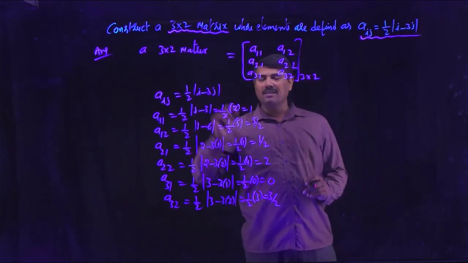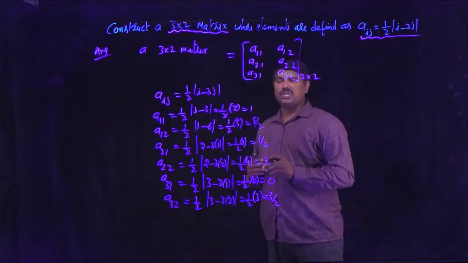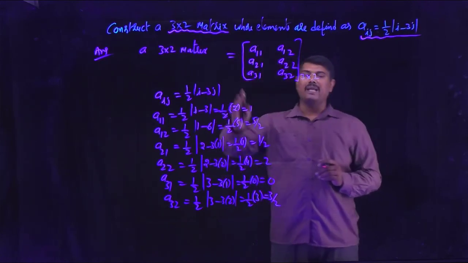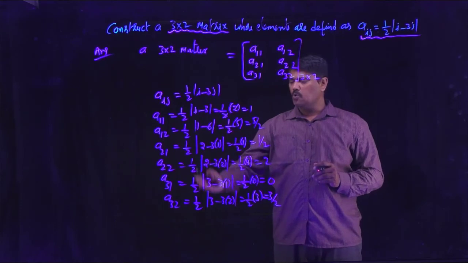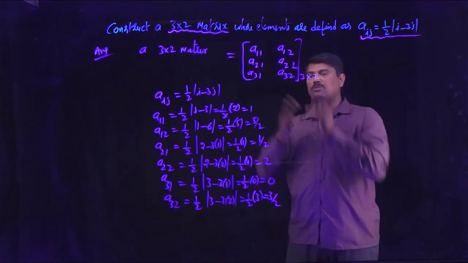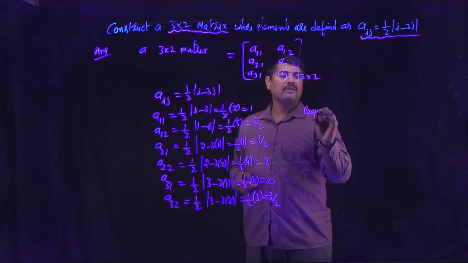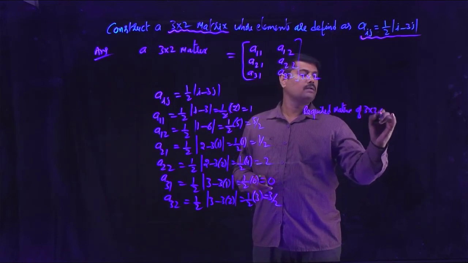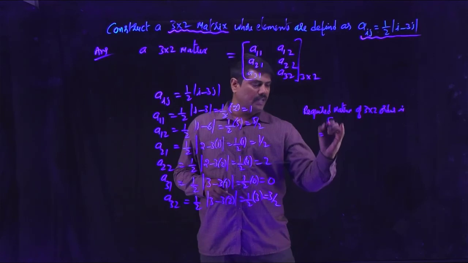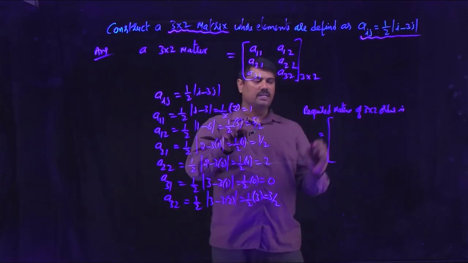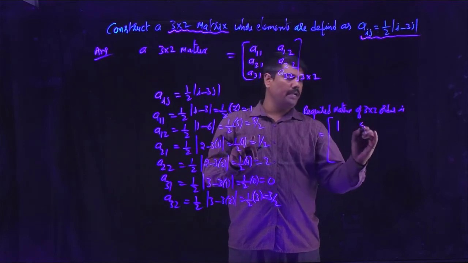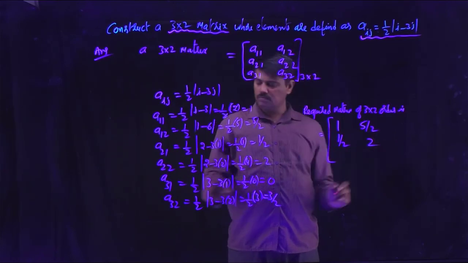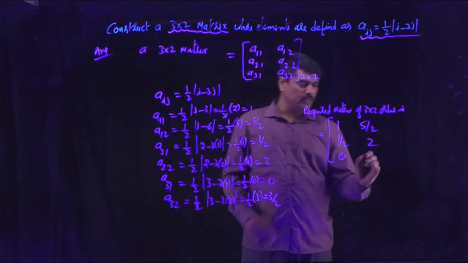Later, by the given definition of the position of the element, Aij is equal to 1 by 2 mod of i minus 3j, you find all required elements, A11, A12, A21, A22, A31, A32, and then substitute. The required matrix of 3 by 2 order is: A11 is 1, A12 is 5 by 2, A21 is 1 by 2, A22 is 2, A31 is 0, A32 is 3 by 2.